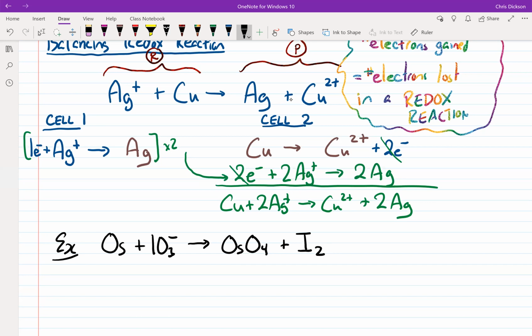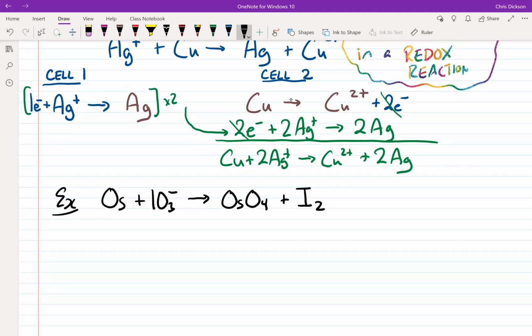To do that, I need to be kind of careful here with how I'm grouping my terms. So one of my cells, let's call it cell 1, let's just pick Os as an example. Maybe I'll leave a little bit of space. So let's write Os turning into some product, okay?